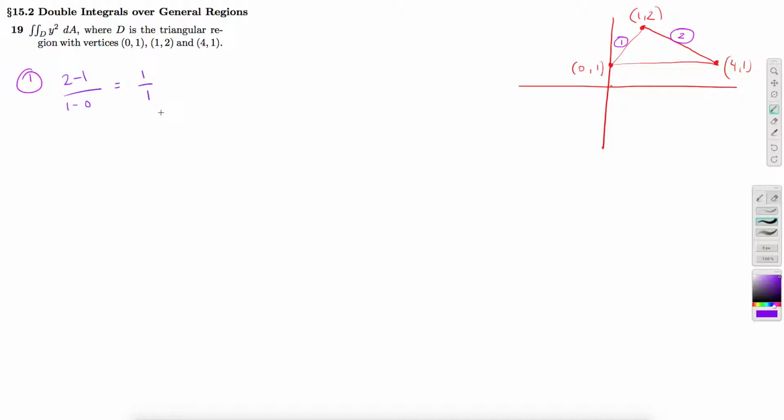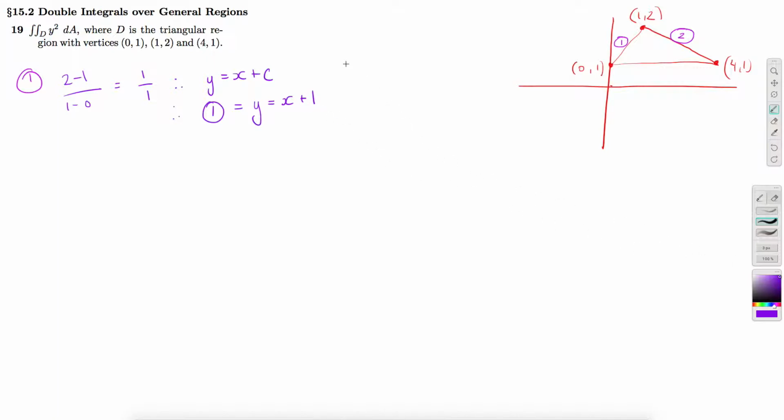All right, so that's what our gradient is. So we can say, therefore, y equals x plus c. We sub in our point. Because this is our y-intercept, immediately we know that our c is going to be equal to 1, because if we sub this in there, we're going to get (0, 1). Therefore, our L1 equals y equals x plus 1.